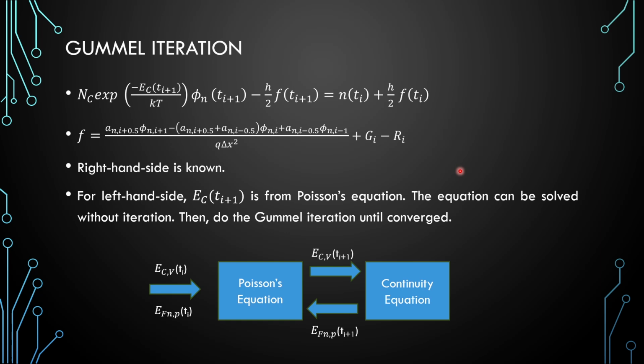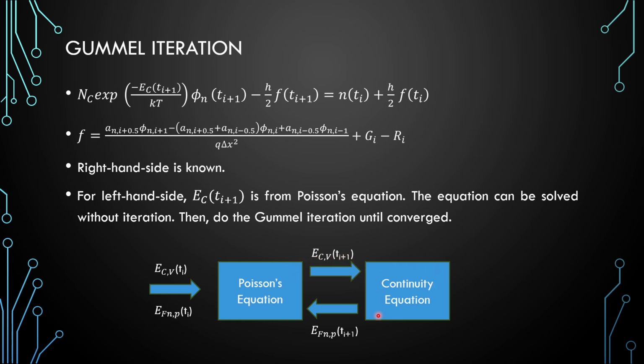So what we will do is, from the previous time step, we can obtain the EC, EV, EFN, and EFP. Now we are going to use them to calculate our equations at this time step. So the Poisson equation will take the EFN and EFP at ti plus 1, and then calculate the EC, EV at ti plus 1.